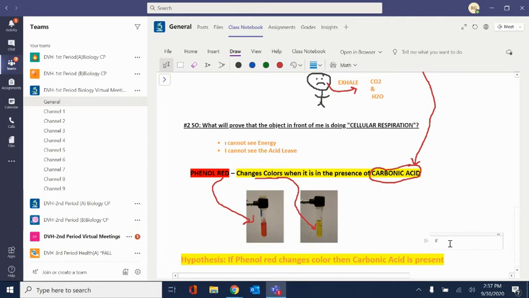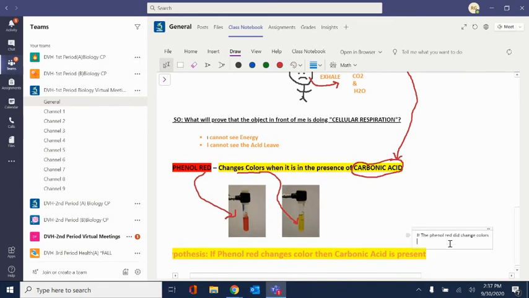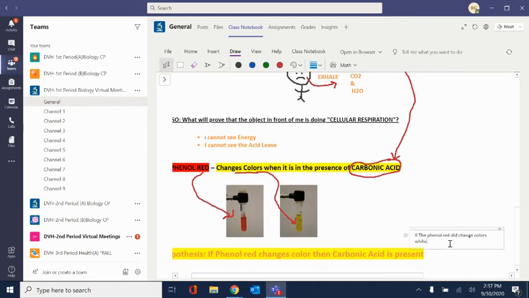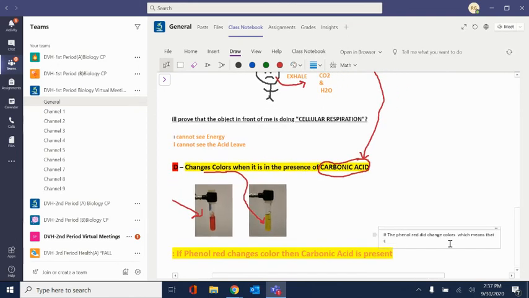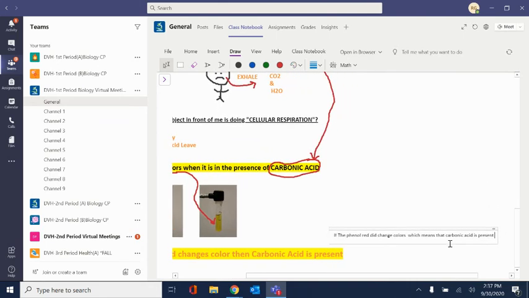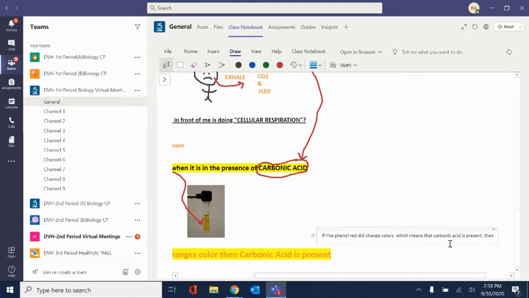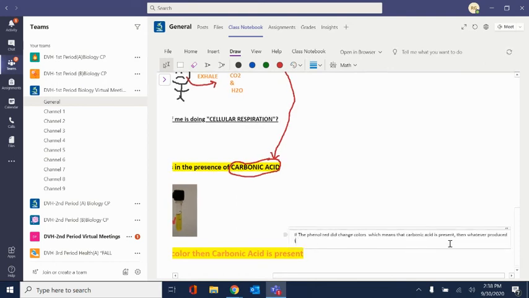If the phenol red did change colors, which means that carbonic acid is present, then whatever produced that carbonic acid is alive.